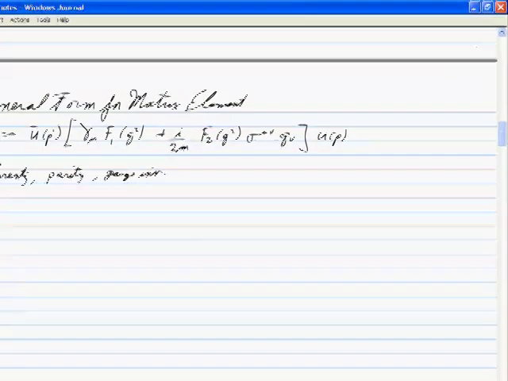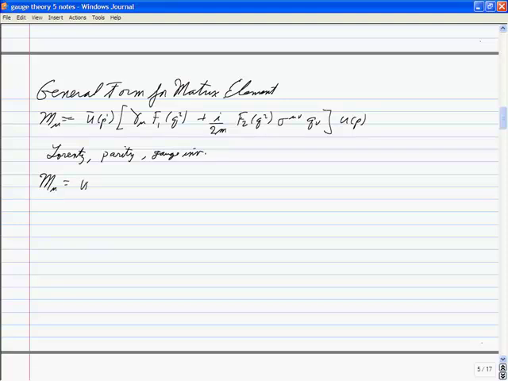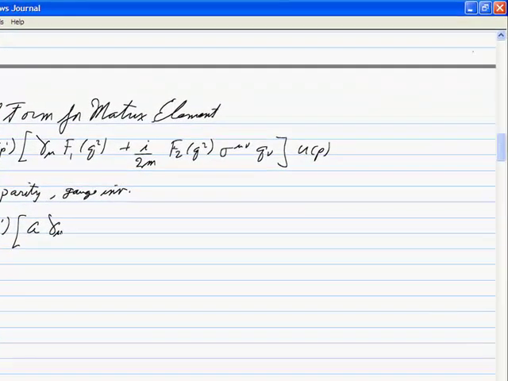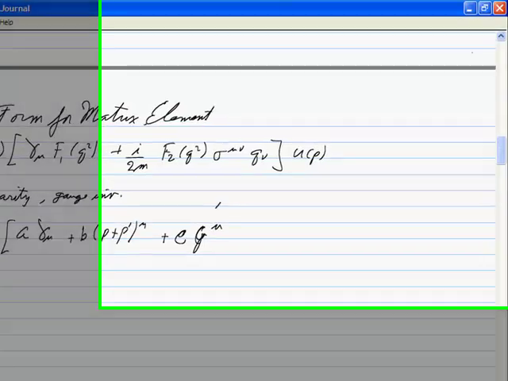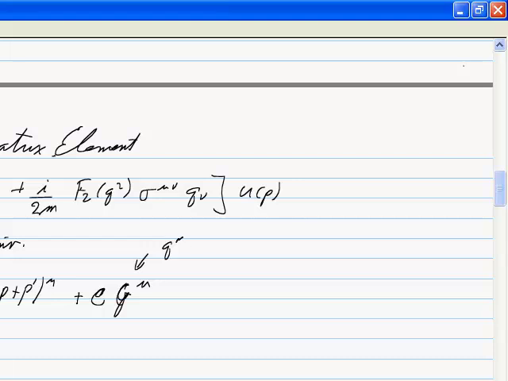So in general, the current j^mu could have various forms. ū(p') could have γ^μ, which is obvious. It has to be a vector, so it could have (p + p')^μ, or it could have (p - p')^μ. Let's call it q^μ, where I'm going to use q^μ as p' minus p.